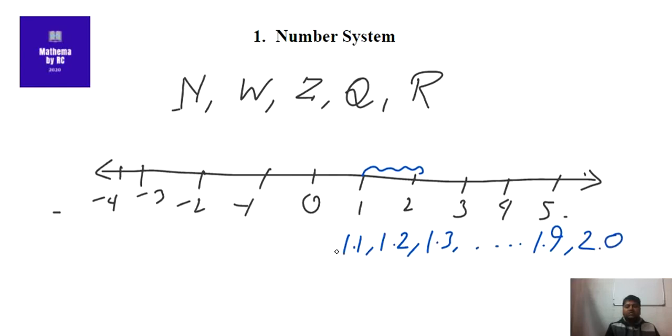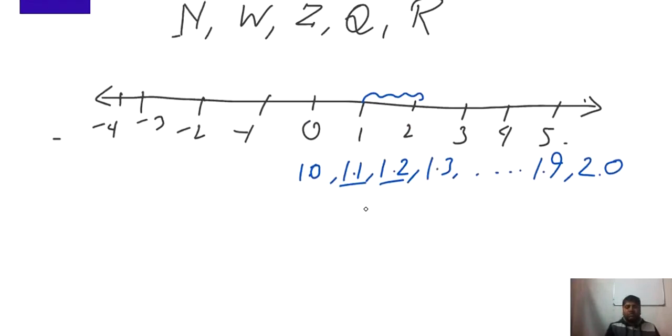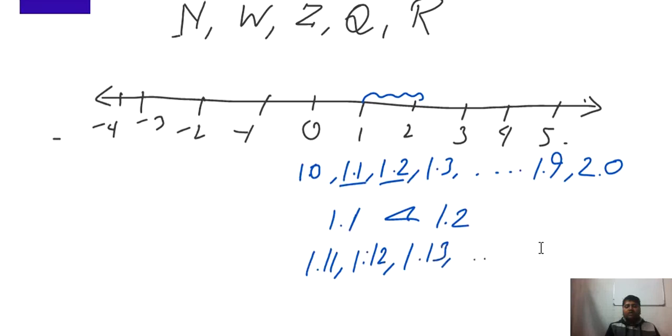There is a decimal point in decimal representation. And between 1.1 and 1.2 we also get a different type of number: 1.11, 1.12, 1.13 and so on up to 1.19, and then 1.20.